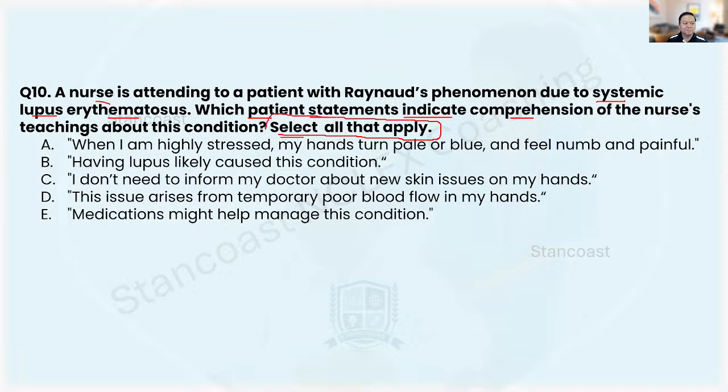Okay. So the situation here is on a patient with Raynaud's disease or Raynaud's phenomenon because of SLE. So which statements indicate comprehension of the nurse teachings about the condition? Select all that apply. Mary answered A, B, D, E. Okay. What about the rest of you guys? All right.